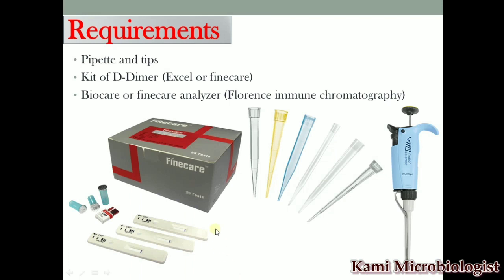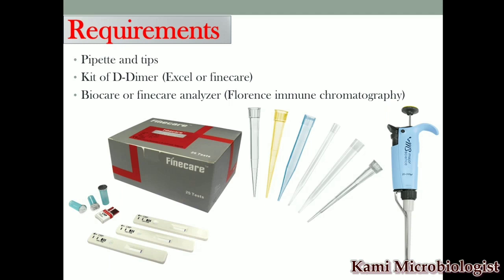One more thing I must tell you: if you unbox this Fine Care kit, first of all you will find a literature that contains details about the test, how to perform the test, what D-dimer actually is, and each and everything.